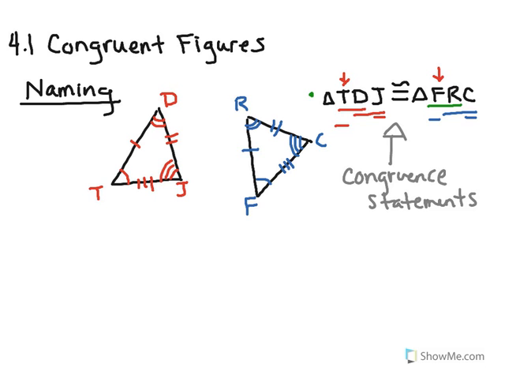So for example, I could say TD, and this is a segment, is congruent to, and it has to be in the same order, so FR. Or if I wanted to name angles, let's take angle J for example. So I could say angle J is congruent to angle C. So those are some ways in which you can name your congruent figures.